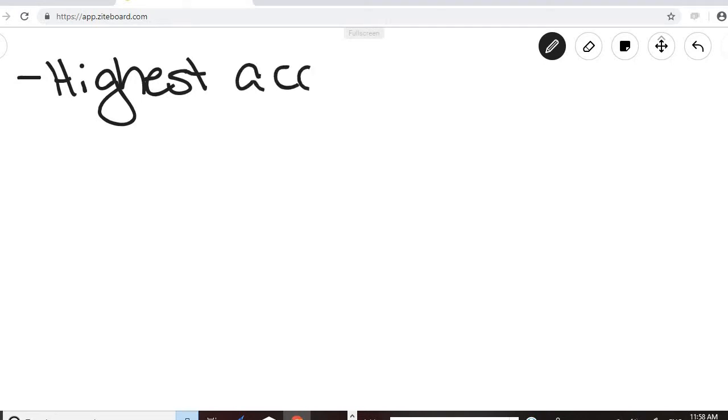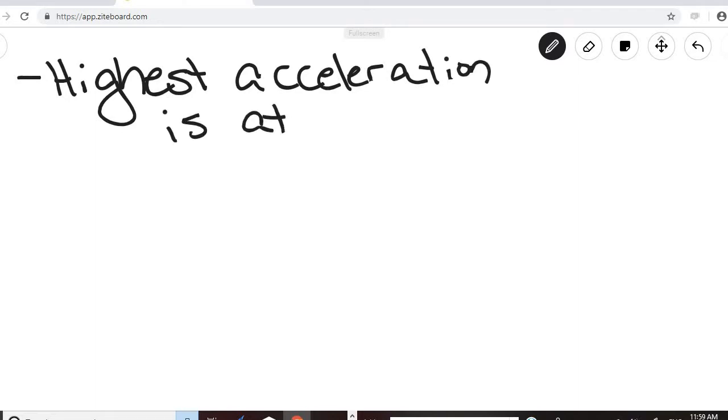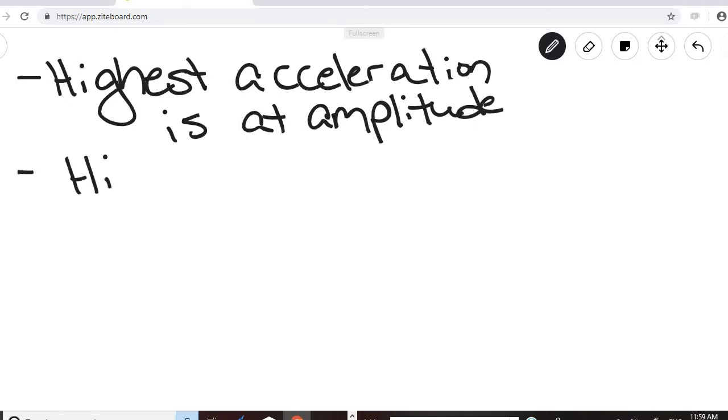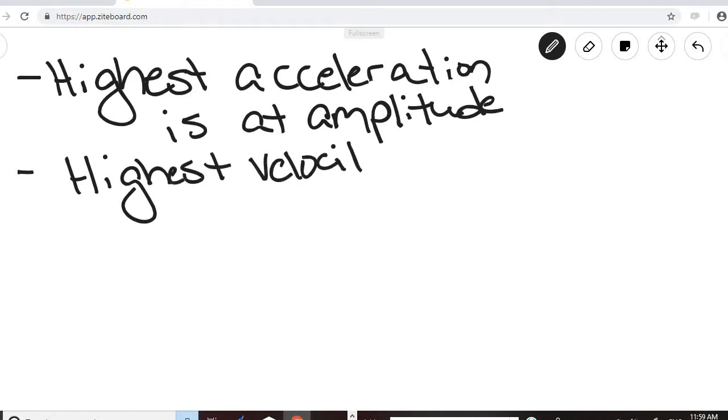Your book summarizes it by saying this. So the highest acceleration is at amplitude. So it's speeding up or slowing down at the amplitude. The highest speed or velocity is at equilibrium.